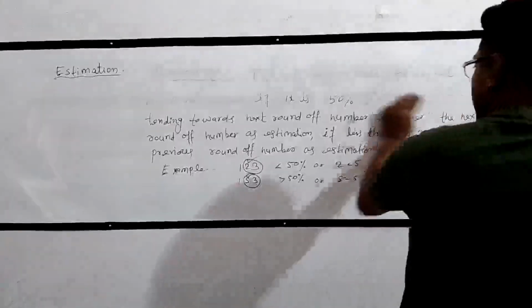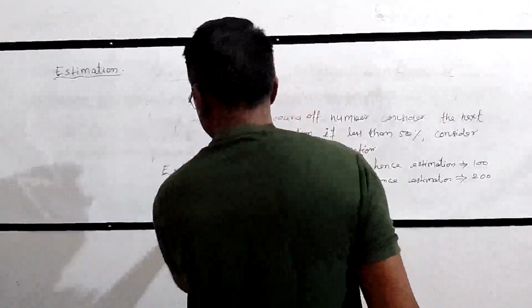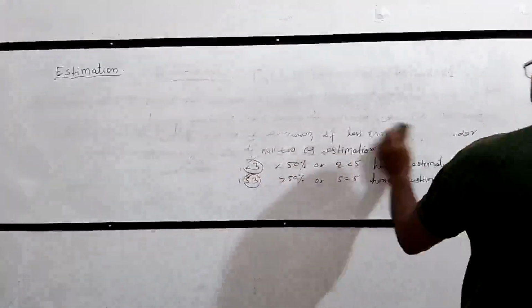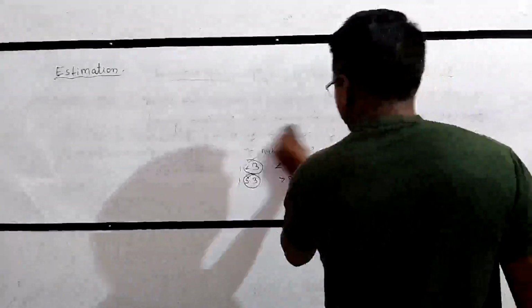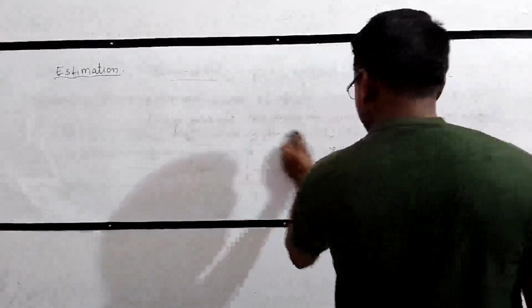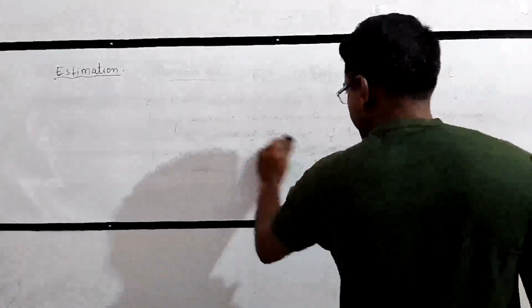Now I will tell you about the estimation nearest to 10, nearest to 100 and nearest to 1000. Since it was through the general rule, you should have in-depth knowledge about the general estimations.